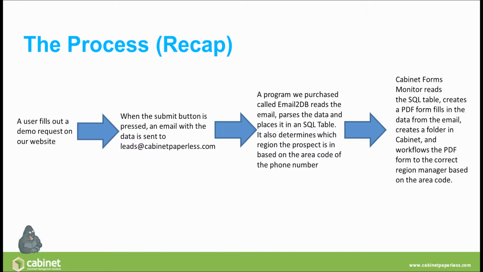It determines which region the prospect is in based on the area code of the phone number they entered. Forms Monitor reads the SQL table, creates a PDF form, puts data in that form from the email. It creates a folder in Cabinet, and then it workflows the form to the correct region manager based on that area code.